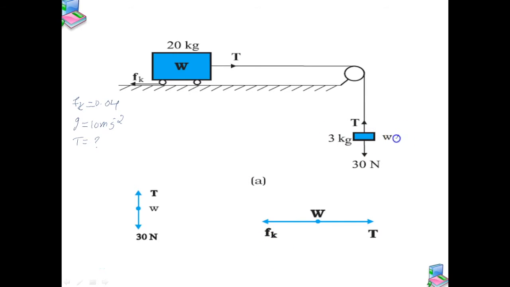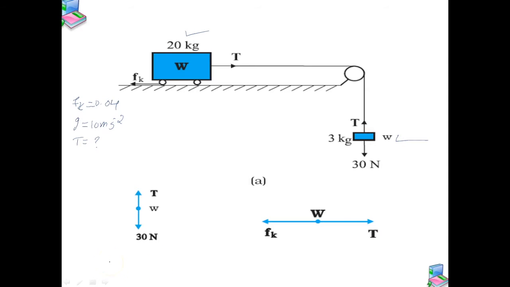So this is the first free body diagram and this is the second free body diagram. As the string is inextensible and the pulley is very smooth, this 3 kg block and this 20 kg trolley both have the same magnitude of acceleration.